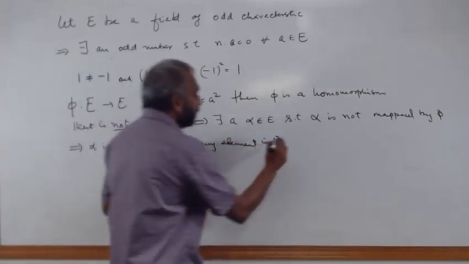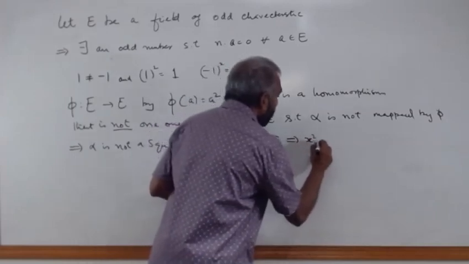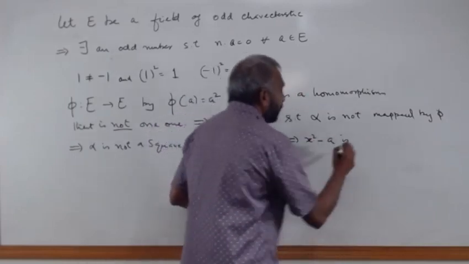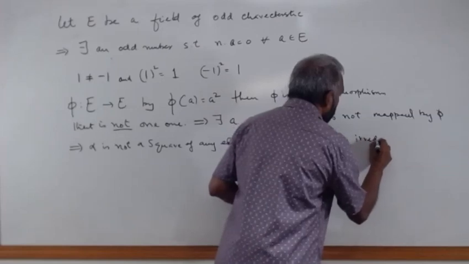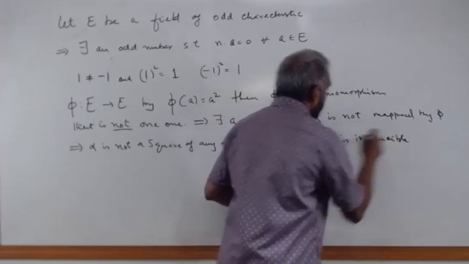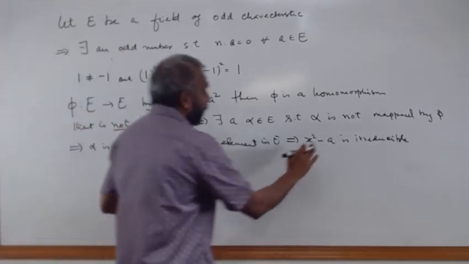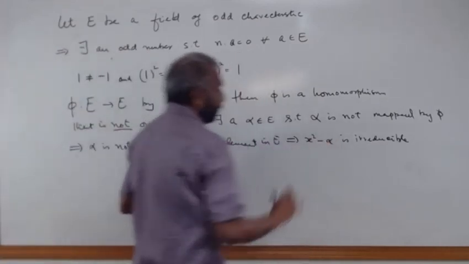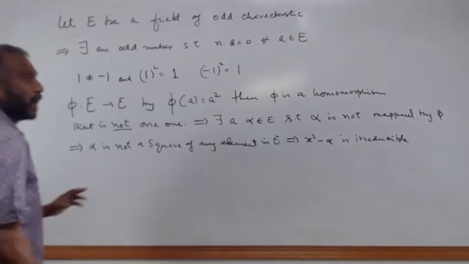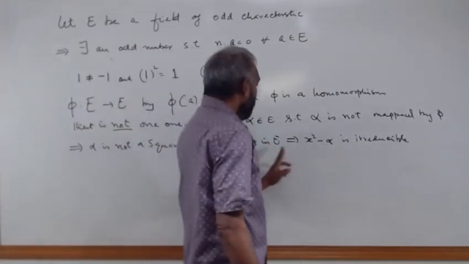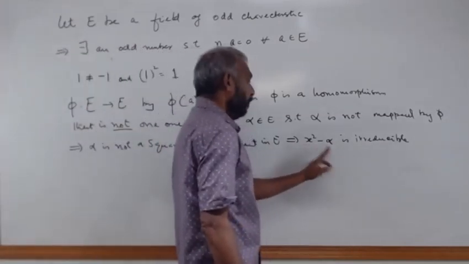And that implies x squared minus alpha is irreducible, because you don't have an element in E whose square is alpha.